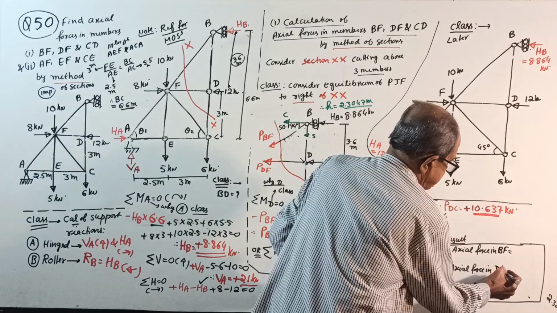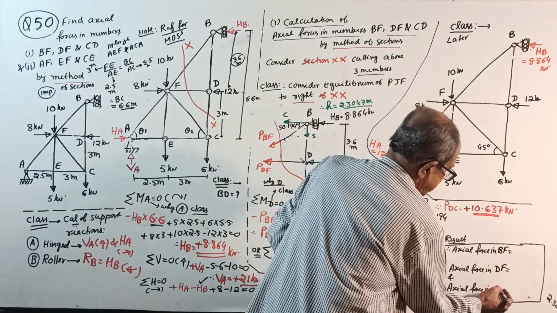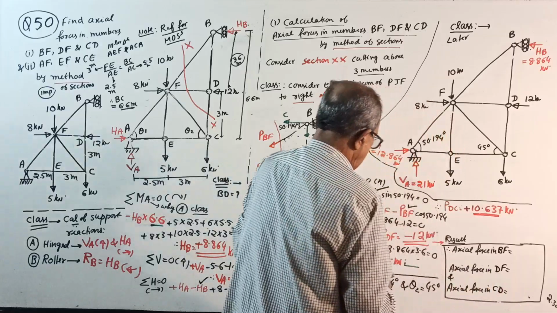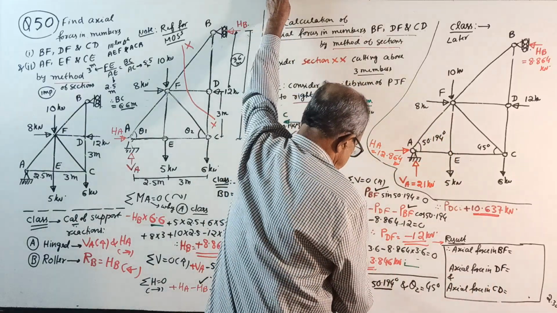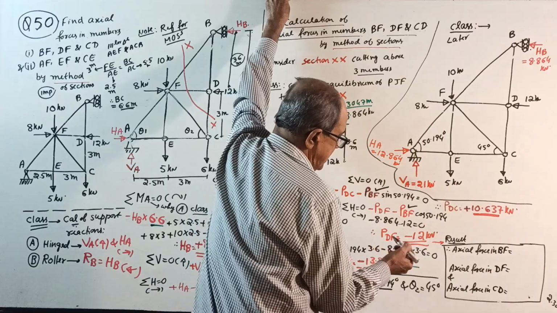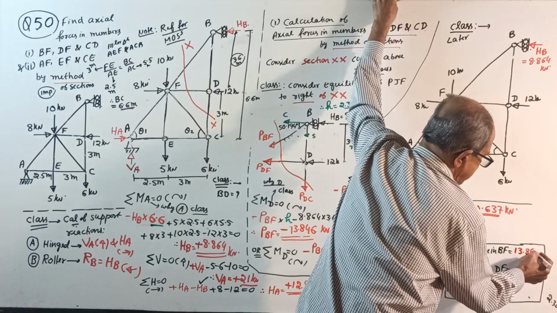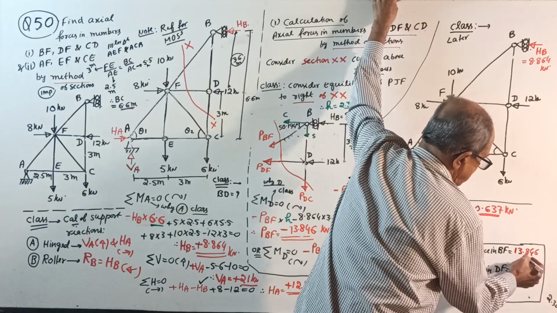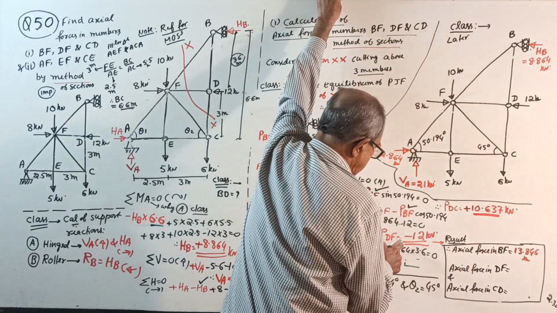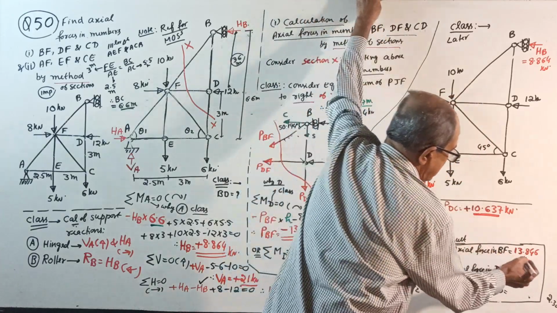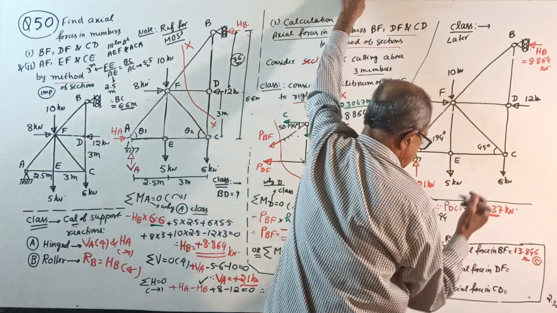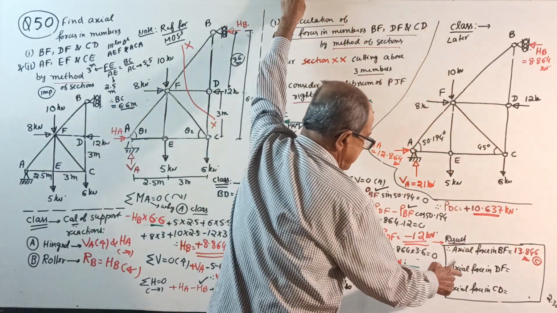Then DF. And then lastly CD. Axial force in BF: 13.846 kilonewton. The negative sign came, so compression.